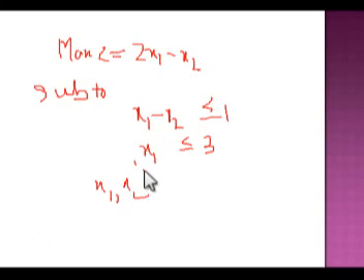Then we will again use the graphical method because it is a case of two variables. There are two decision variables, so we can use the graphical method. Here the special thing is that it is also an unbounded problem, and we will get an unbounded feasible solution, but it has an optimal solution.